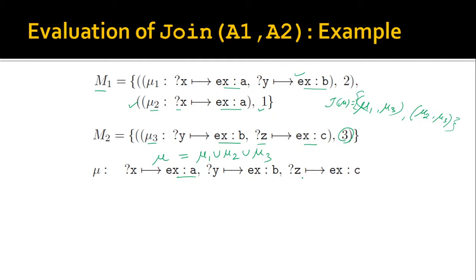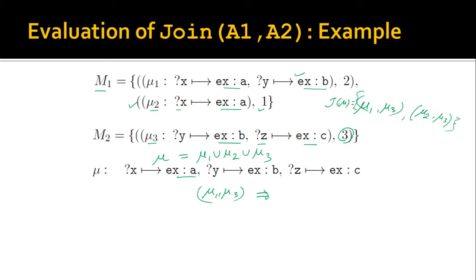Now what would be the multiplicity? The multiplicity would be very simple to follow. So basically, what is the multiplicity of mu1? 2, right? What is the multiplicity of mu2? It is 1. So the multiplicity, we are talking about mu1, mu3, right?